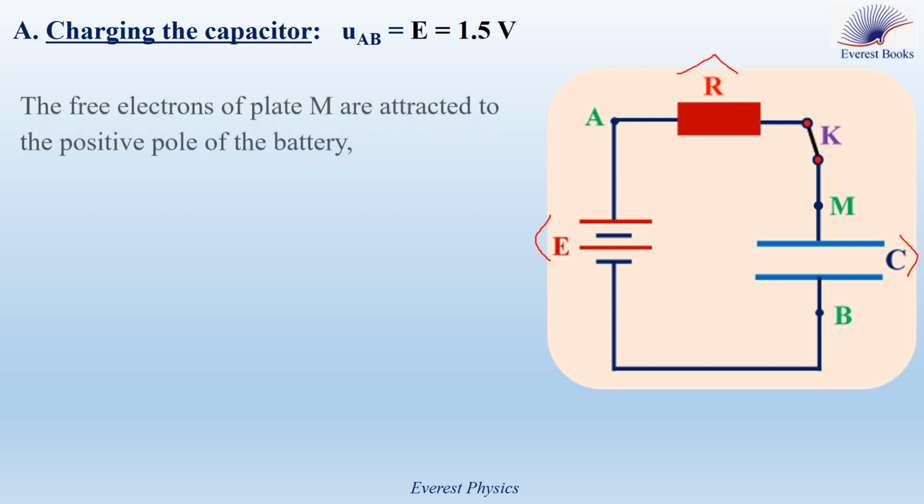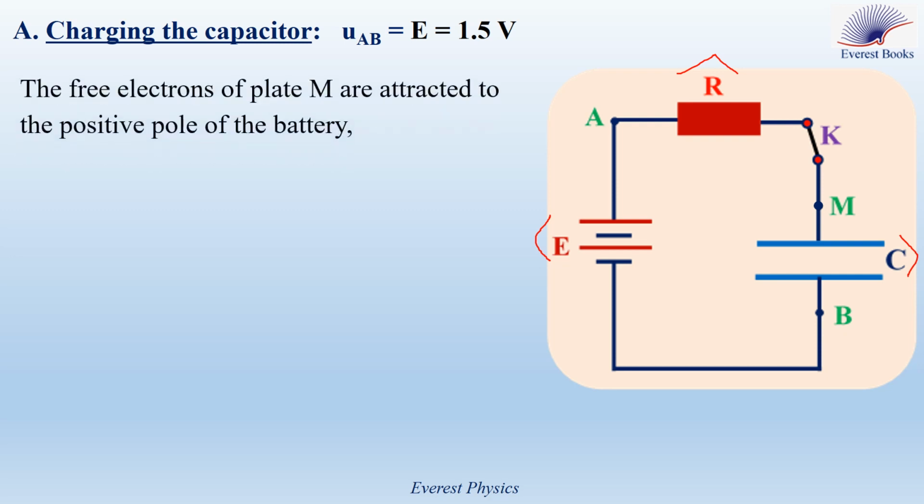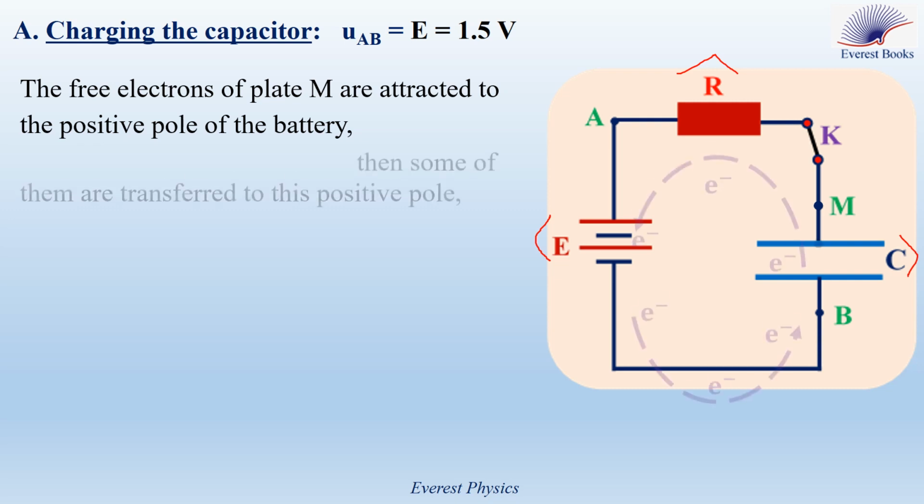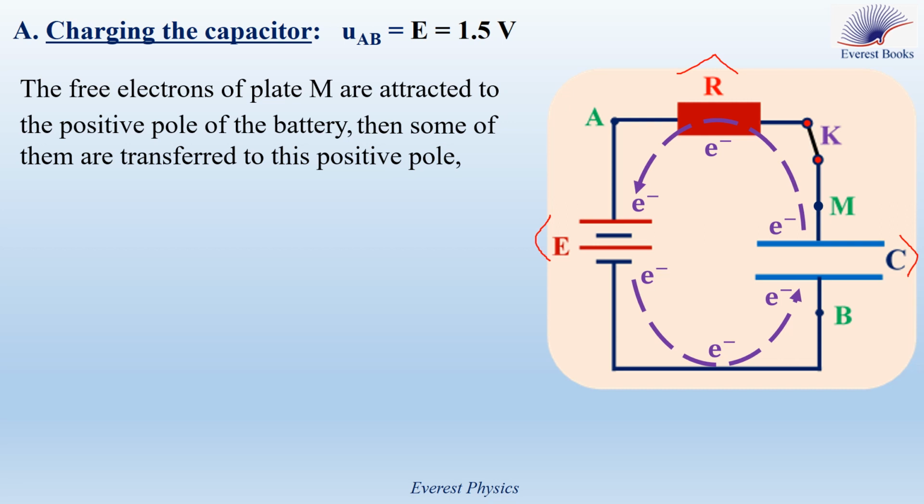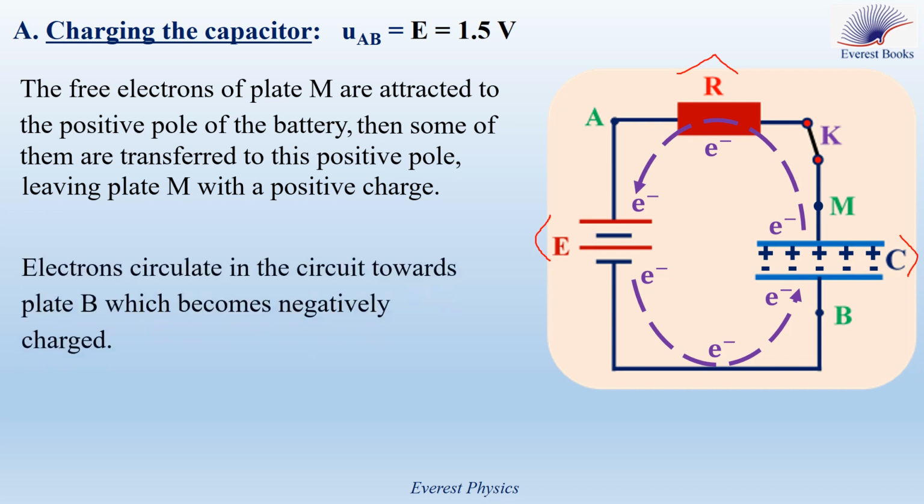These free electrons are attracted to the positive pole of the battery. So some of these free electrons are transferred to this positive pole. Look at plate M. It loses electrons, so it becomes positively charged. Now, electrons circulate in the circuit towards plate B, which becomes negatively charged.